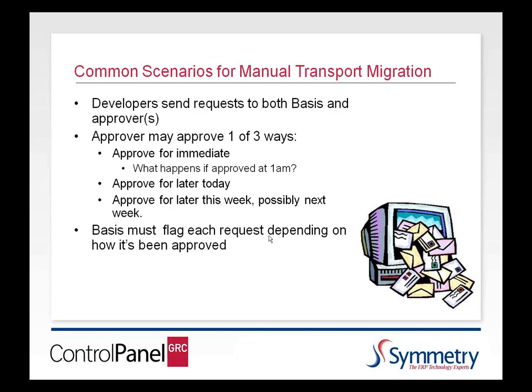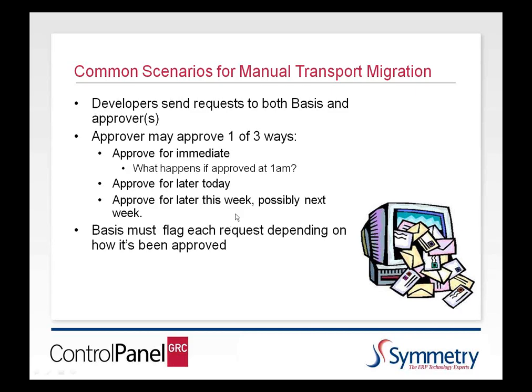So as I have here, basis must flag each request depending on how it's been approved. I like to set up rules. We use Outlook, so I set up rules to have certain approvals go to certain folders and such, and then you need to make sure you set the date on when those need to be approved and put it in your task list.